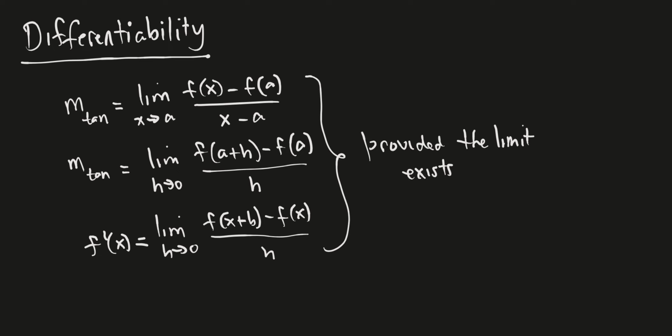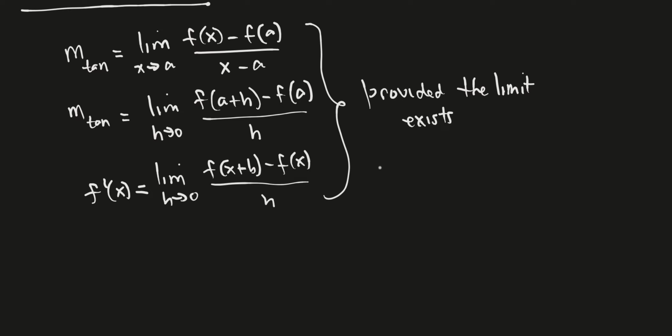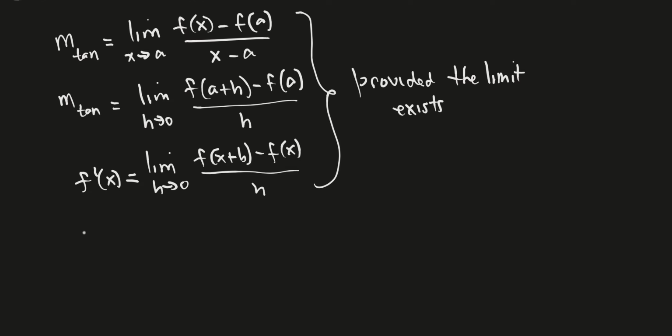So the question that remains to be answered is this: in what instance will this limit not exist? So that leads to this question: when will these limits not exist?